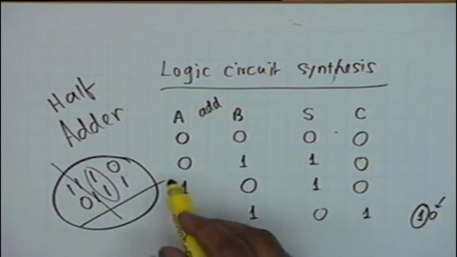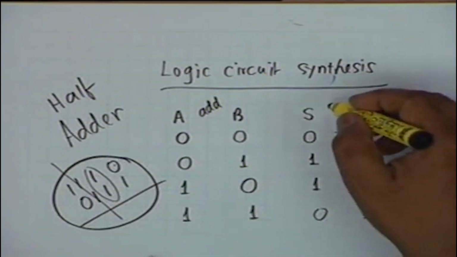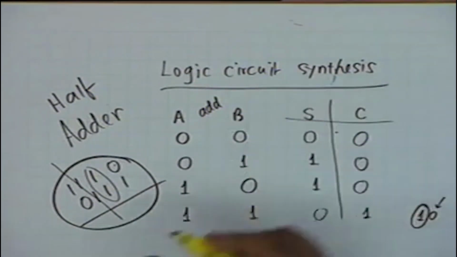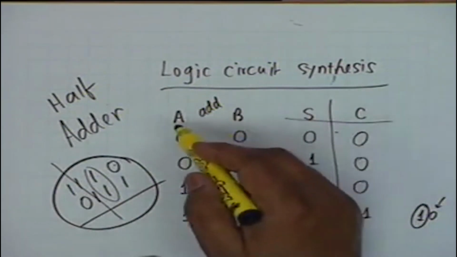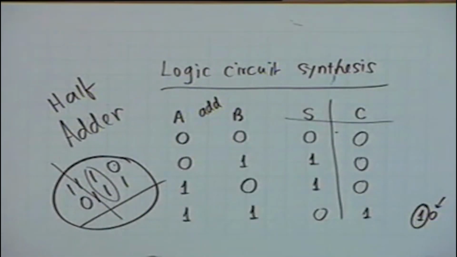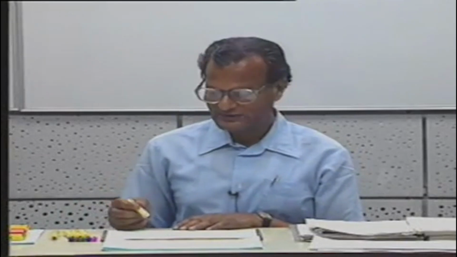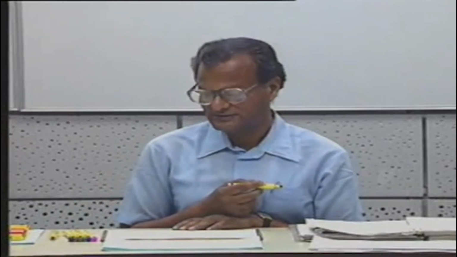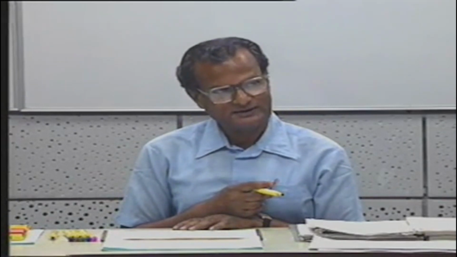In a half adder, this is the logic. There are two outputs, a sum and carry, and there are two inputs, A and B. How do you represent S and C? That is the question. You can verify that in such situations, you have to consider only the outputs which are 1.